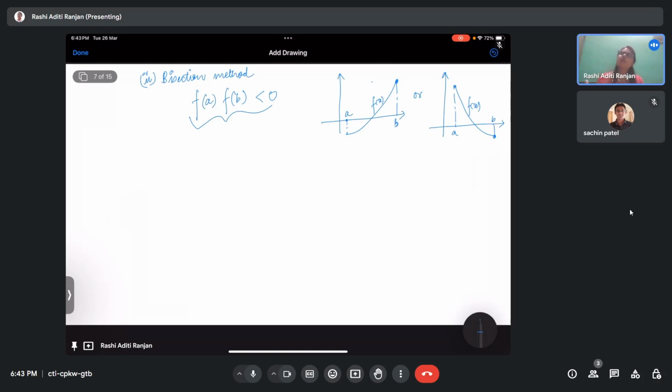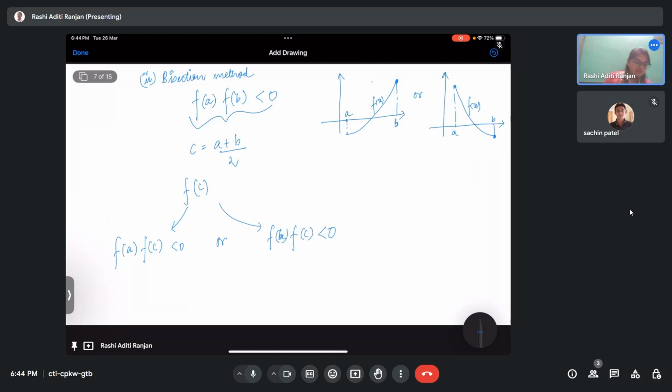So I assume that my root is c, which is equal to a plus b by 2. I compute the value f at c. Now I can have two cases. One is f at a and f at c less than 0, or f at b and f at c less than 0, which means that my f of c could have the same sign as that of f of b, or it could have the same sign as that of f of a.